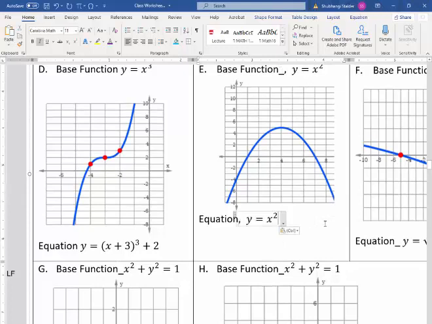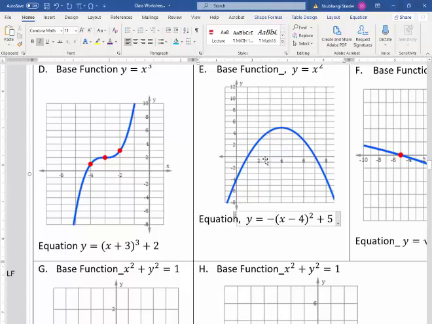Negative x minus 4 squared on the inside, plus 5 outside. All right, let's check that. 4 to the right and 1, 2, 3, 4, 5 up. Yep, you got it. You can always plug in a point and see if it works. So when I plug in 3, 3 minus 4 is negative 1, squared is 1, negative 1 plus 5 is 4, and that matches your coordinates there.